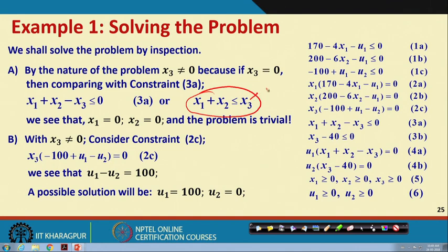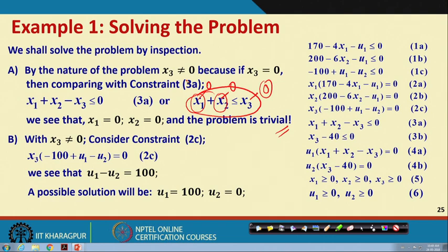So if the raw material is 0, we have no raw material available. What does it mean? It means x1 and x2 cannot be produced because there is no raw material, so they also will become 0. Now, if everything becomes 0, the problem is trivial. That means the problem vanishes. That cannot be the optimal point. So we can say that x3 will not be equal to 0.